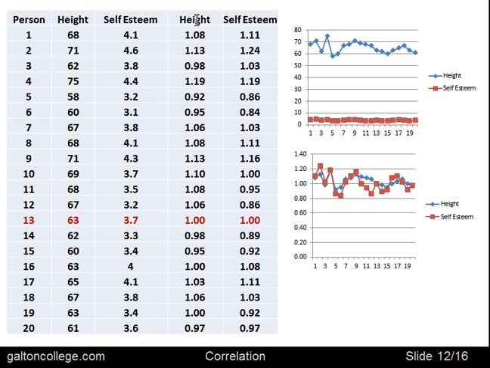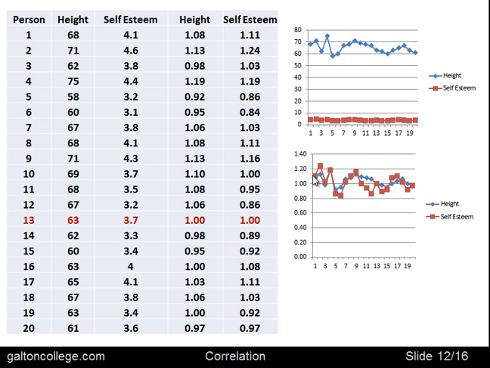And when we chart this new set of numbers, this index of heights against index of self-esteem, we'll get this chart down here. That's much better, much better than the previous one. The previous one, you couldn't really see the variations in self-esteem. Now you can. Now you can see it's moving up and down.